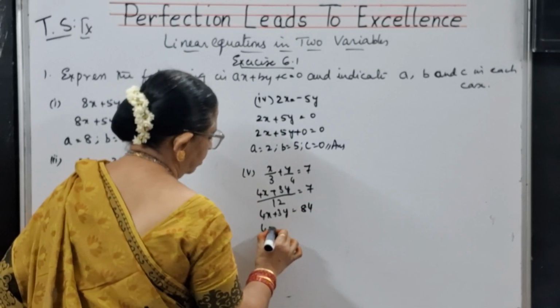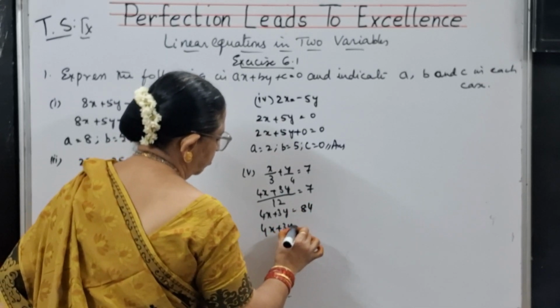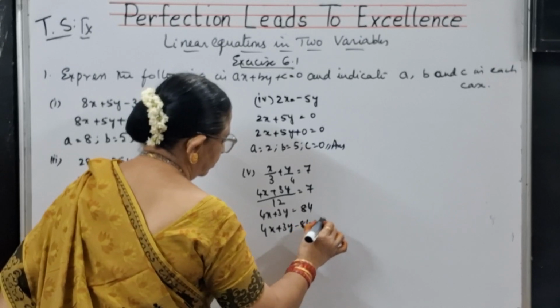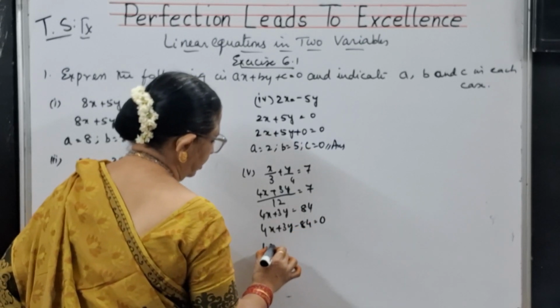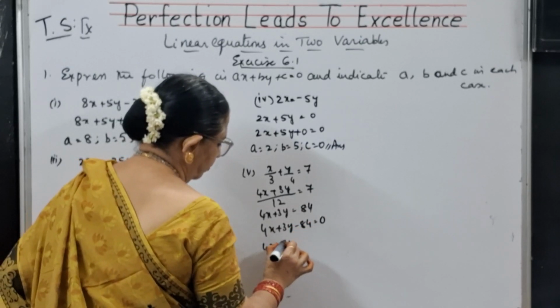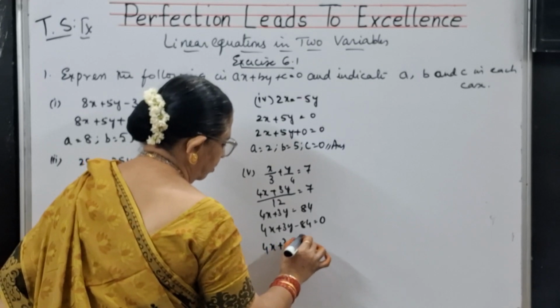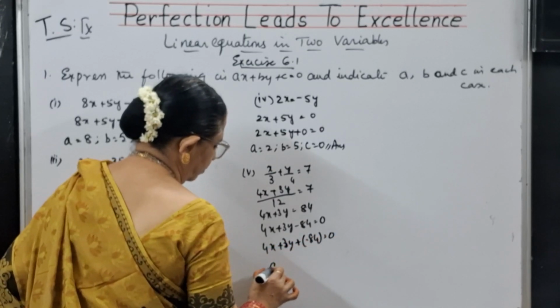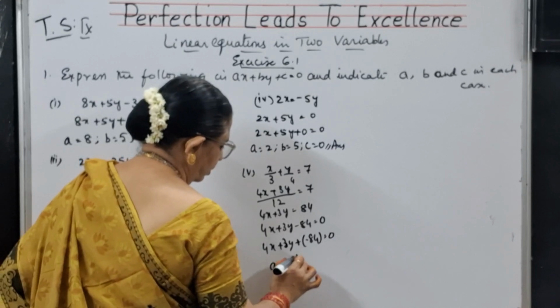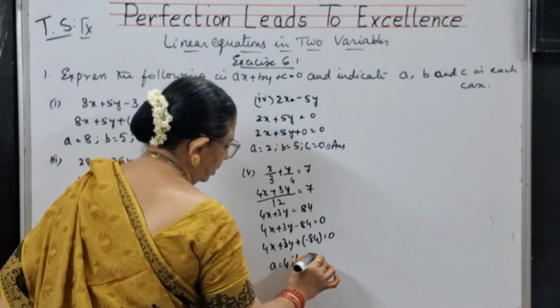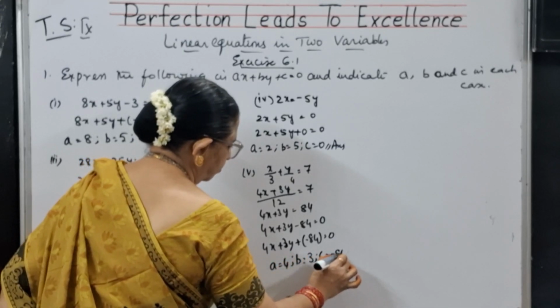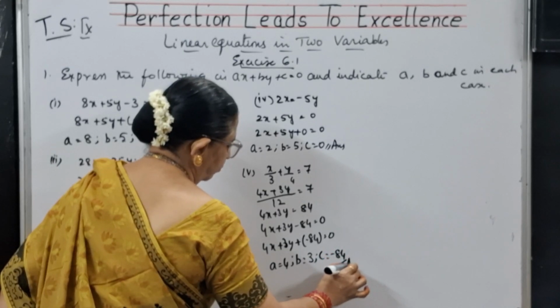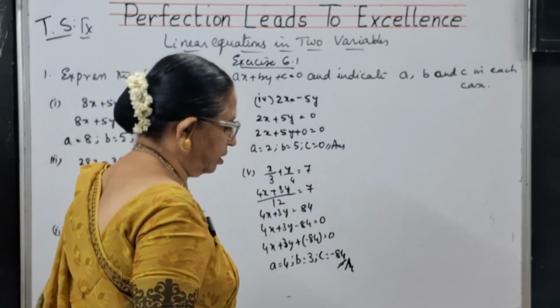So 4x plus 3y minus 84 is equal to 0. This can be written as 4x plus 3y plus of minus 84 is equal to 0. So a is equal to 4, b is equal to 3, c is equal to minus 84. This is the answer, children.